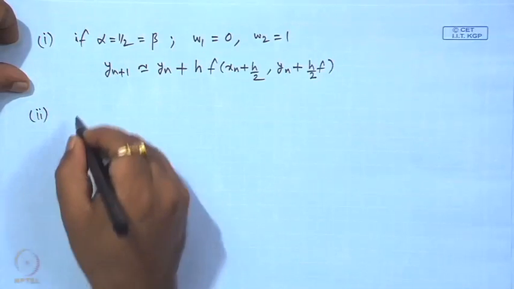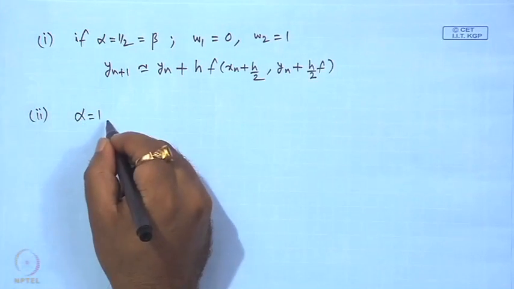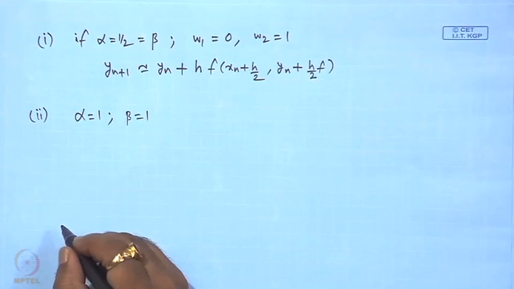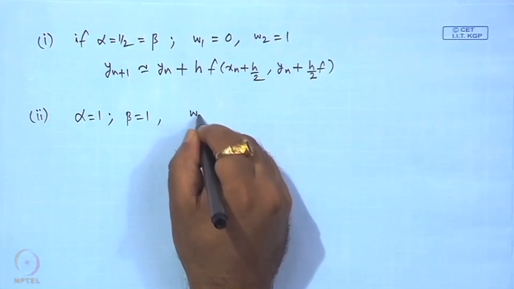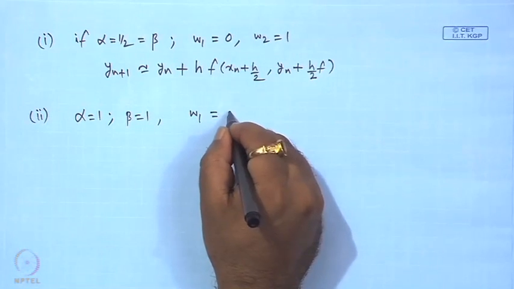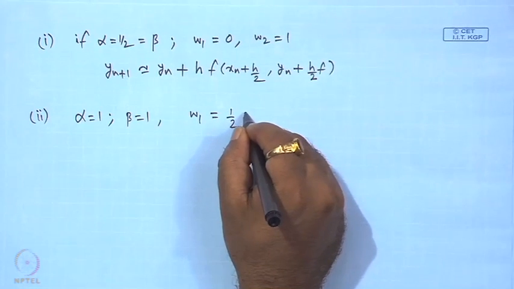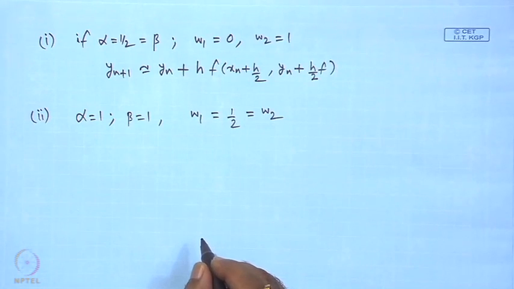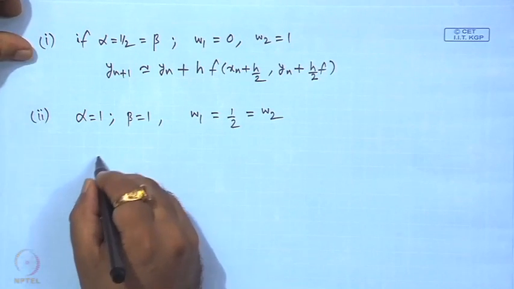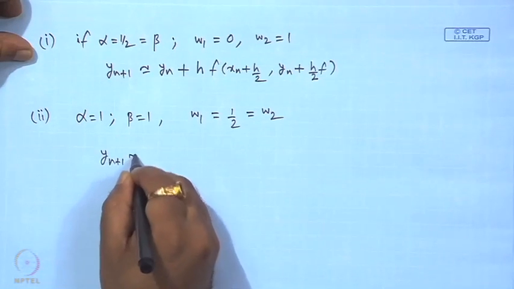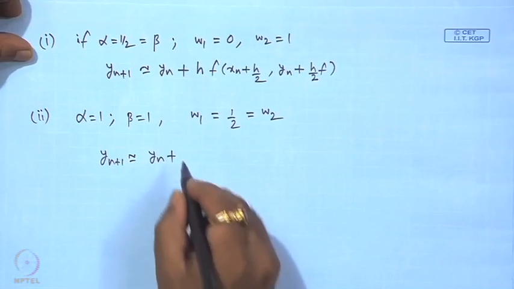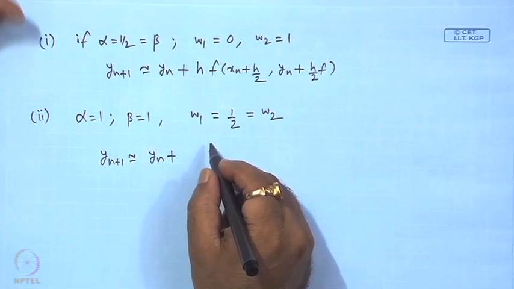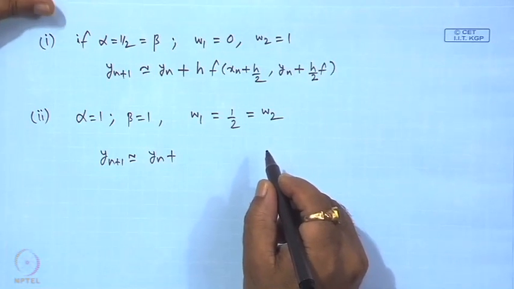Suppose alpha equals 1, then beta equals 1, then W 1 equals half, which is also W 2. Okay. So, in this case y n plus 1 is y n plus h times W 1 k 1 plus W 2 k 2.